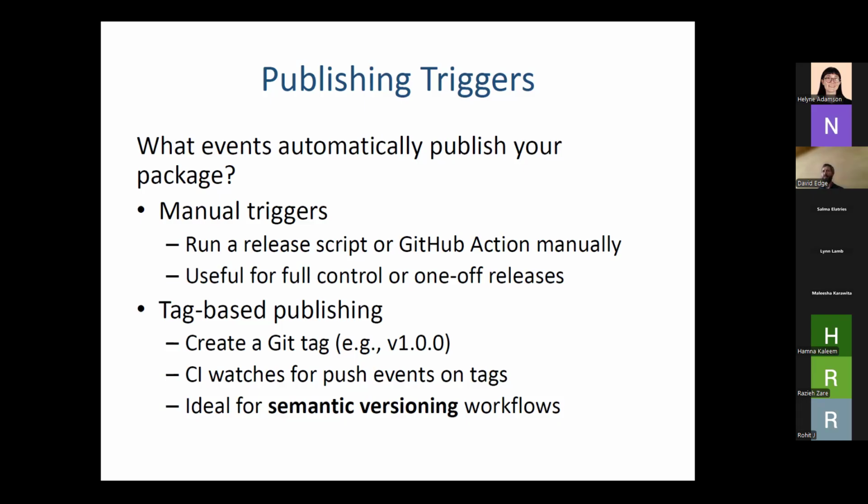Probably a more standard way to do this is tag-based publishing. So every time you use a new tag, this is a version that you're giving your package. And your continuous integration workflow watches for these push events with tags.